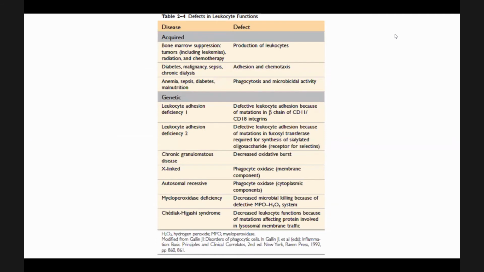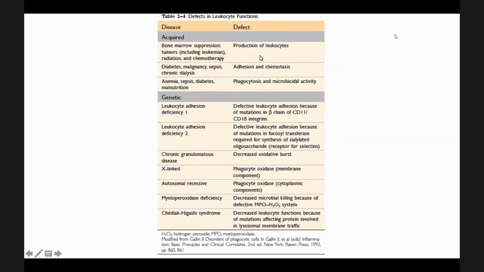In chronic granulomatous disease, there is decreased oxidative burst, that means the production of reactive oxygen species will be decreased. In the X-linked form, the phagocyte oxidase membrane component production will be defective. In the autosomal recessive form, phagocyte oxidase cytoplasmic components will be defective. In myeloperoxidase deficiency, there is decreased microbial killing because of a defective MPO and hydrogen peroxide system. In Chediak-Higashi syndrome, there's decreased leukocyte function because of mutation affecting a protein involved in lysosomal membrane traffic.